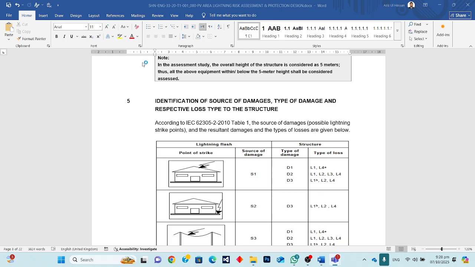In mountain or hill areas where the PV plant is installed, maybe the PV module is on the higher side and the MV station is on the lower side. So we have to consider this also.